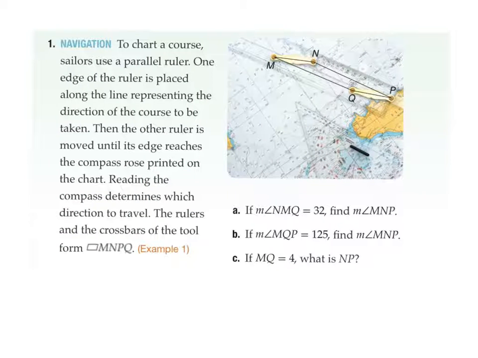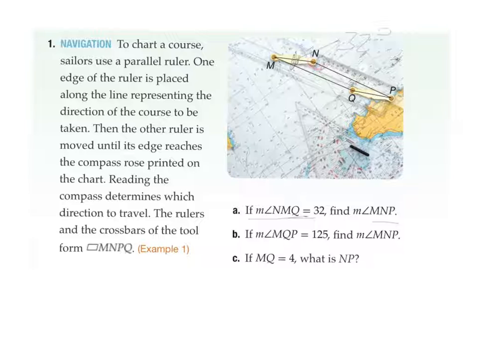So here's example 1. Question A, let's have a look at A. Angle NMQ, so NMQ is this one. So this angle here must be 32 degrees. And then it's asking you for MNP, so we are looking at this angle here. Well, let's work out what you do know.